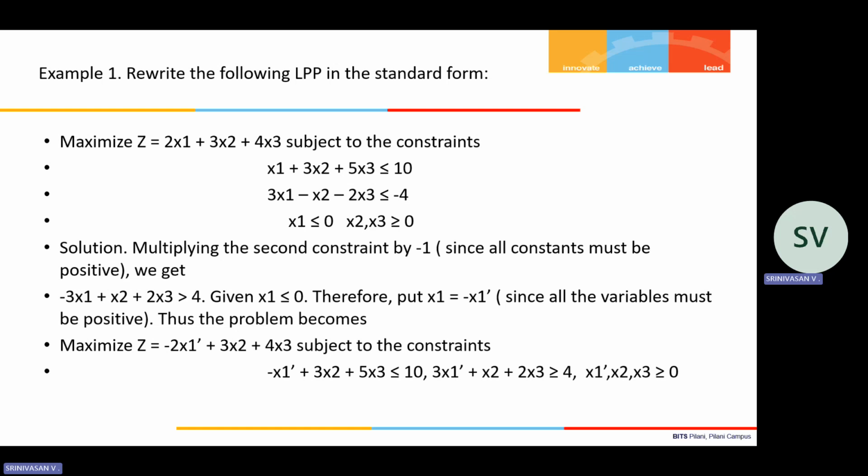Whenever a constraint has a less than or equal to inequality, it means something is to be filled in. Something is to be added so as to make it equal. It is already less. There is a shortage. So fill it, fix it. You add it in order to make it equal.